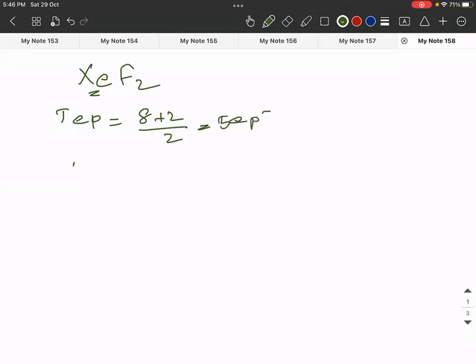So with 5 electron pairs, what is the structure? Trigonal bipyramidal. There is no doubt about it, right? When you have 5, you get trigonal bipyramidal.